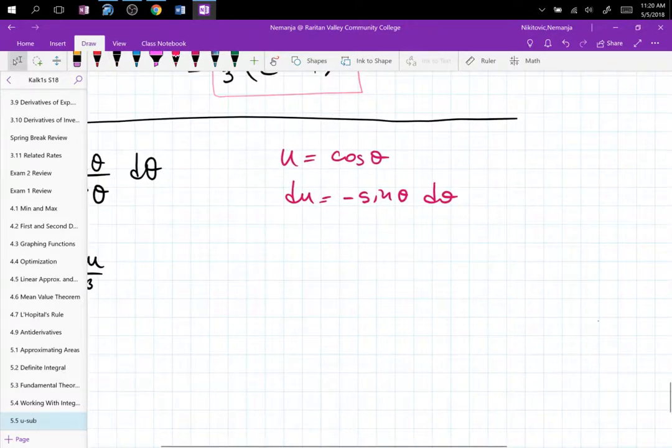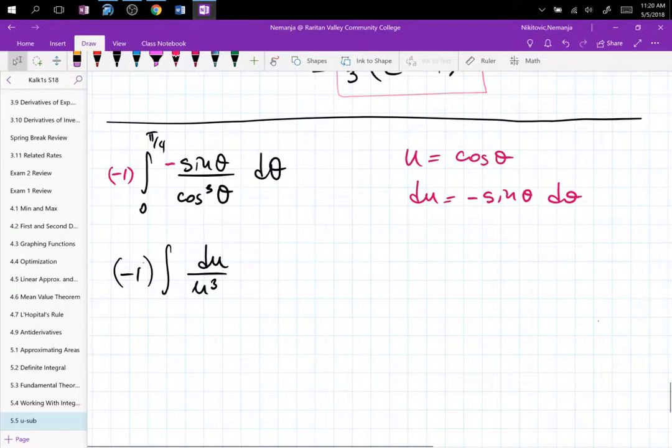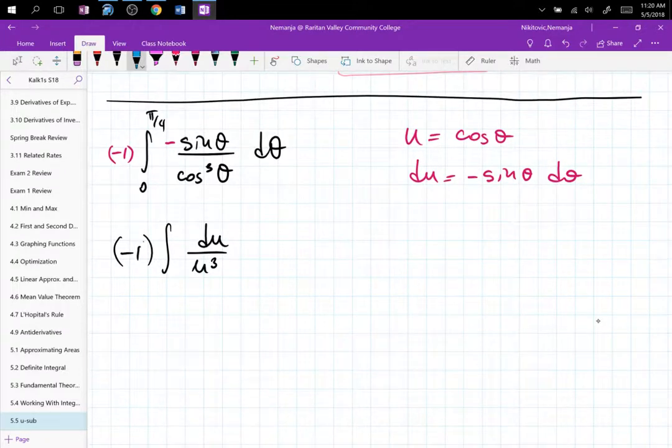What now? How do I transform the limits? What should I do for u1? Cosine of 0, very good.